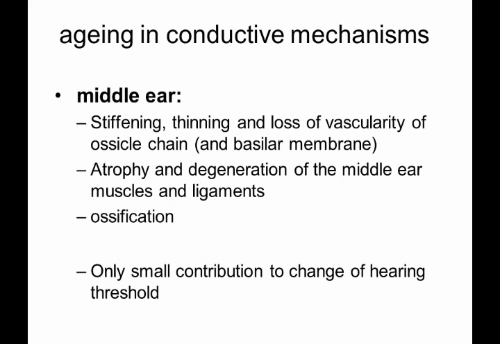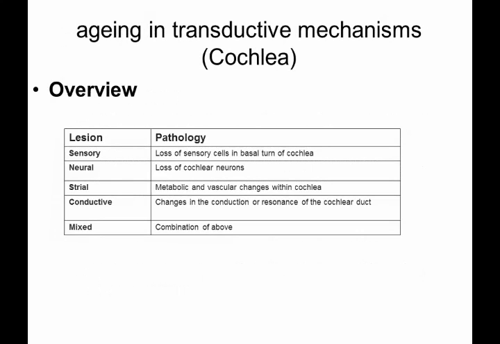That's the process of calcification of the middle ear bones, so they get stiffer, and the whole transduction chain doesn't work as well anymore. That has a small contribution to the change of hearing threshold, mainly at higher frequencies. But it's a conductive hearing loss, so it mainly influences the thresholds, but not the filters. So this can be counteracted by a hearing aid as well.